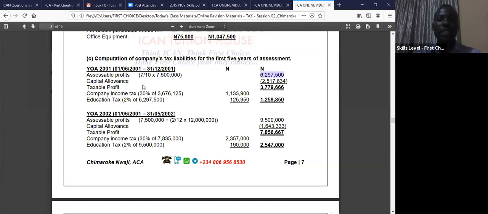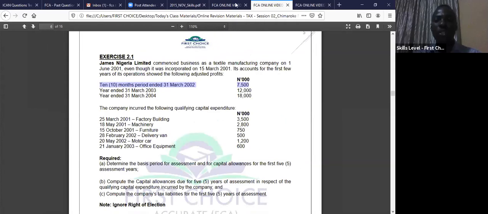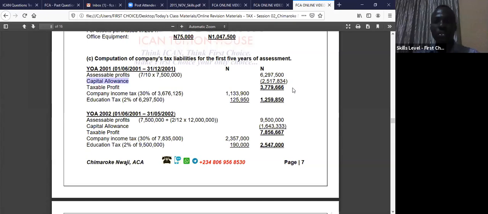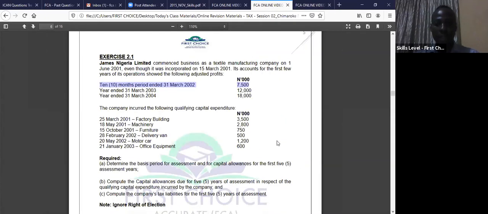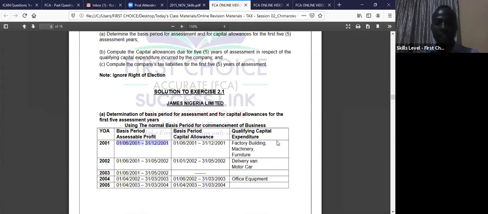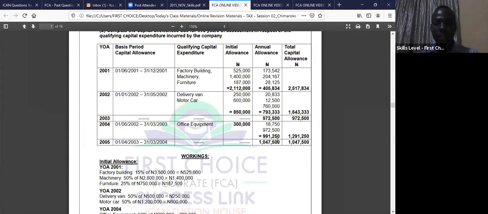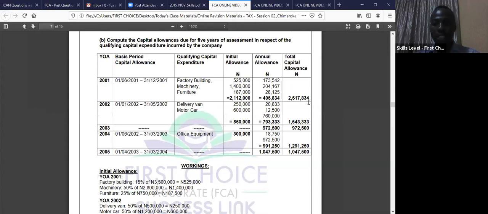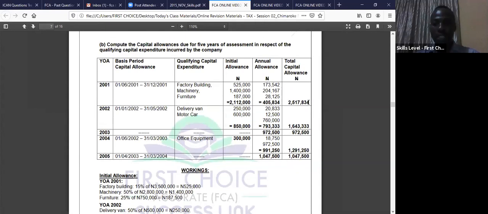Now, it is time to relieve our capital allowance. What is the capital allowance for 2001? You go to where we solved it before and bring the capital allowance for 2001. That's what we did here.